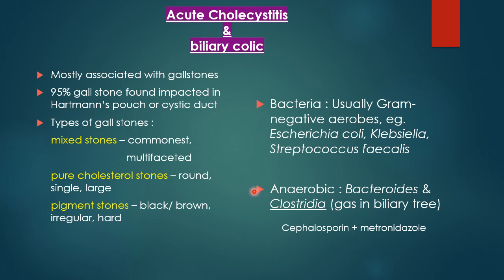At times, in severe cases, it can also be infection with anaerobes, such as Bacteroides and Clostridia. You have to know what bacteria cause this infection so that you can institute the proper antibiotics. Normally the antibiotics given are cephalosporin with metronidazole.